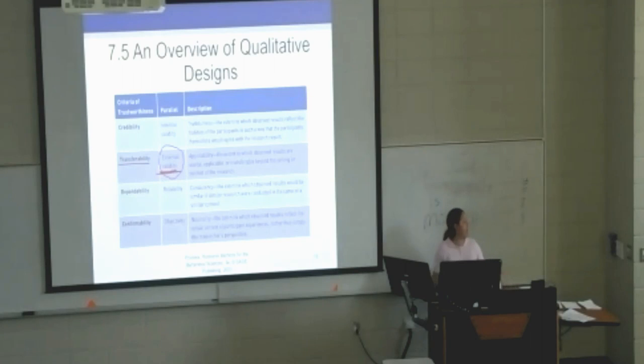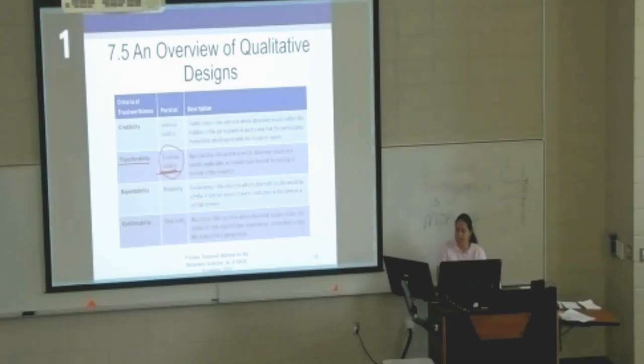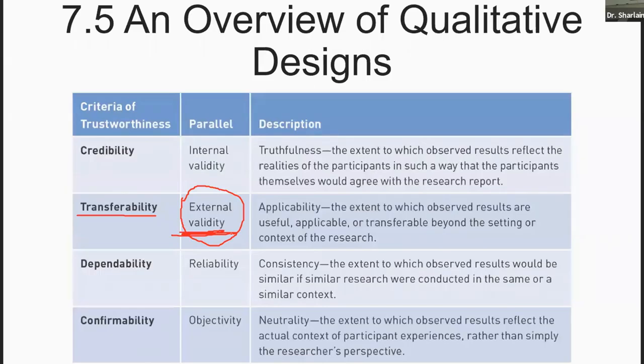So if I am studying, say, alcohol consumption in college students, can this data that I gathered, collected, analyzed, interpreted, and later presented be relevant and applicable to, say, the next campus? What about a community college? What about an Ivy League? What about a really small university? So that's what we refer to as external validity. It's my ability to generalize that information to another larger population.